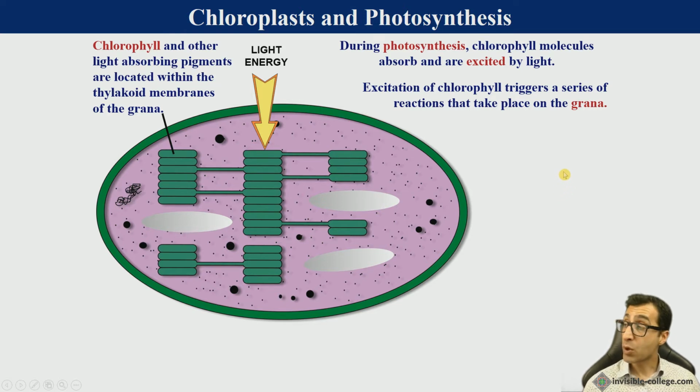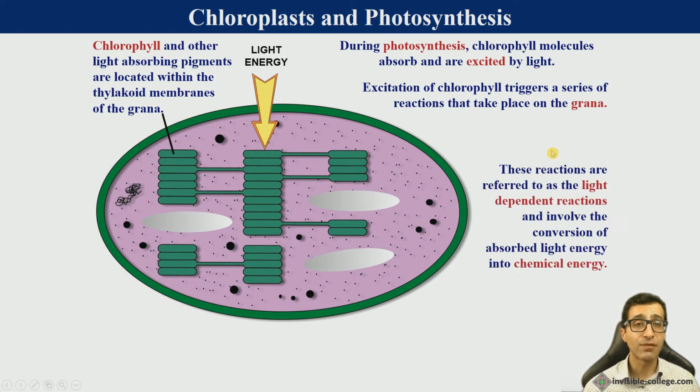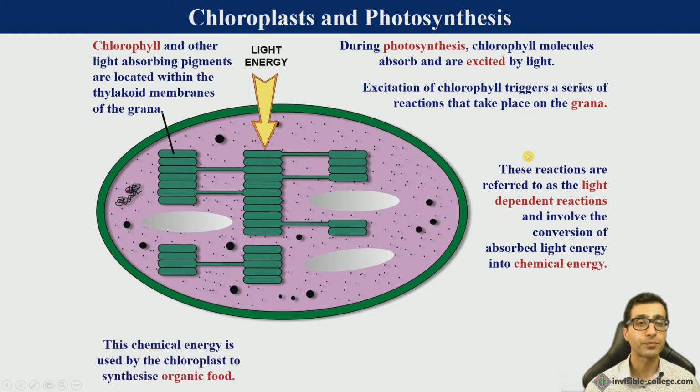So the reactions that require the light energy are referred to as the light-dependent reactions, and these involve the conversion of the absorbed light energy into chemical potential energy, and that chemical energy is then used by the chloroplast eventually to make organic food substances such as glucose, but also the glucose can then be assembled and modified into other essential nutrients such as amino acids and fatty acids.